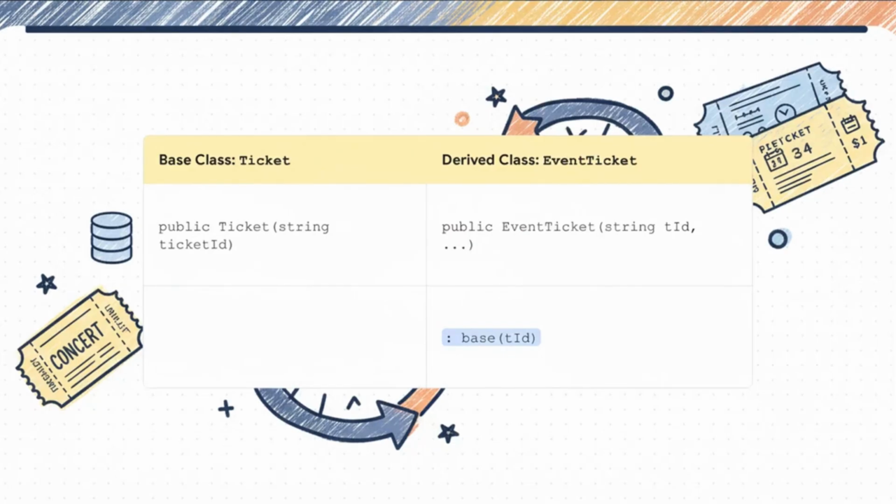And here's the code. On the left, we've got our ticket class. This is our foundation. It's got a simple constructor that takes a ticket ID. Pretty standard stuff. Now, look over to the right at our event ticket, which inherits from ticket. Pay close attention to that little bit of syntax right after the constructor.